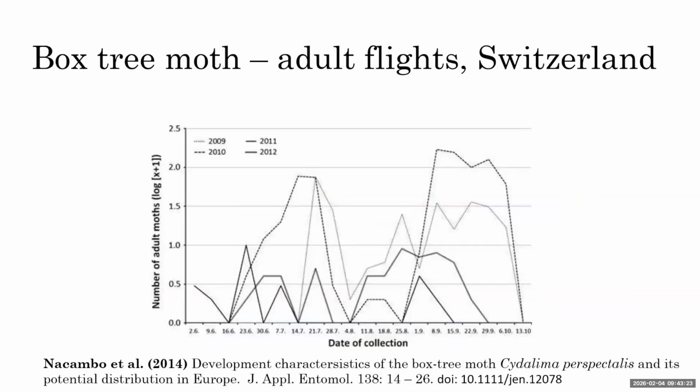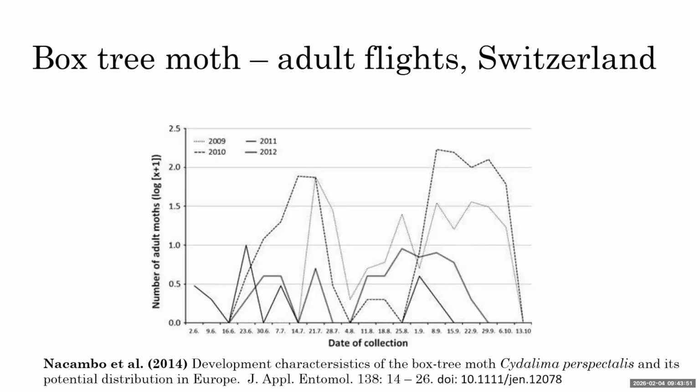This is some work that was done out of Switzerland. We got 2/6, which looks like it's February 6th. It's not. Europeans like to put their day before the month. So that's the 2nd of June. 16th of June, they're seeing adult flights using pheromone traps. And so they start collecting these males essentially in between.